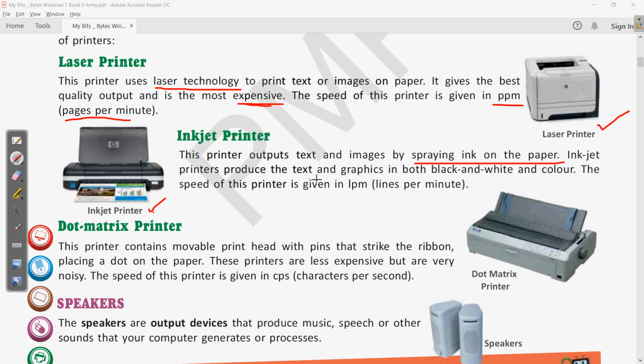Then in this inkjet printer we can have text and graphics. It can be black and white as well as color. Clear? So both modes are available, and the speed of the inkjet printer is a little bit less than the laser printer, and it is measured in lines per minute. Then the third one is the dot matrix printer. Whatever print is given, it is printed in the form of dots.